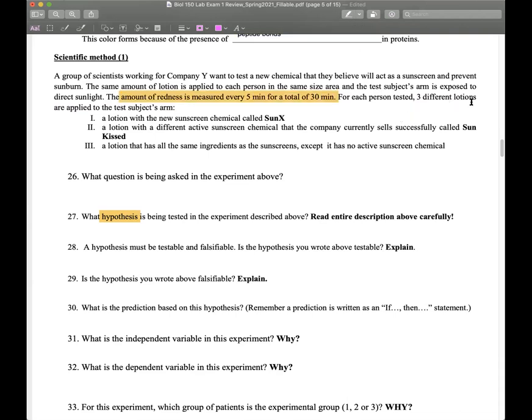And then each person has 3 different lotions: a lotion with their new chemical, a lotion with the currently marketed chemical, and a lotion that has no active ingredient at all.